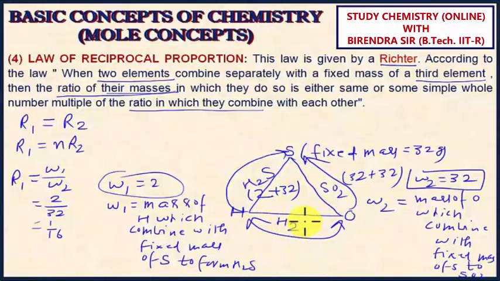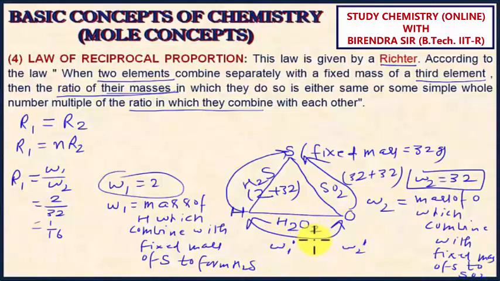You can assume H2O, you can assume H2O2. If I take H2O2, then I have to get the value of W1 dash and W2 dash. W1 dash is weight of hydrogen that combines with W2 dash weight of oxygen to form H2O2.